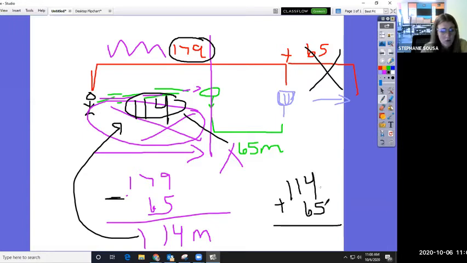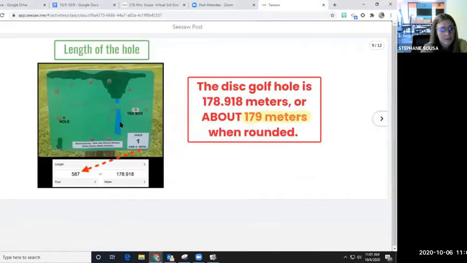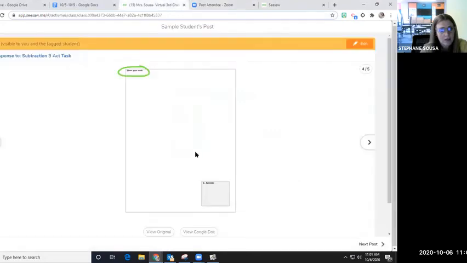Let's see. 4 plus 5 equals 9. 1 plus 6 equals 7 tens. 100 plus, and look at that. It equals the 179 meters that we already knew our course was, thanks to our friend Graham's map. Okay? So subtraction is a very helpful way to solve this equation. So I'd like for you to just look at your work and see what makes sense and see if there's anything that you'd like to change, okay?